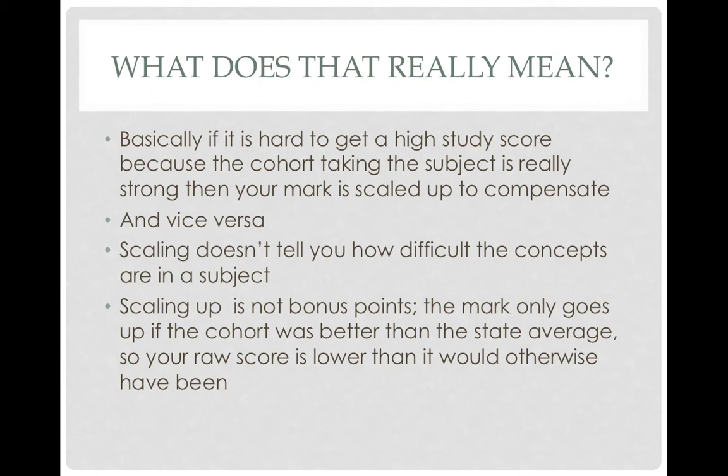Okay? So essentially it evens out those inequities, but it's not bonus points. Your mark will only go up if you had a hard time getting a high score to begin with, and your mark will only go down if you had an easy time getting a high score to begin with, comparatively. Okay, so all it does is even out the differences between the cohorts taking the different subjects.